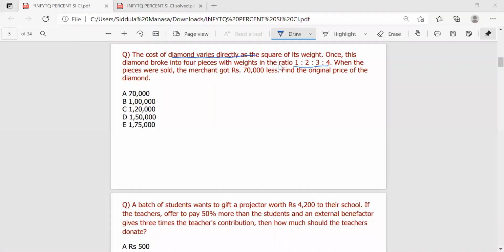So students, are you doing? I need answers from your end. Whenever you get the answer, quickly type it in the chat box.